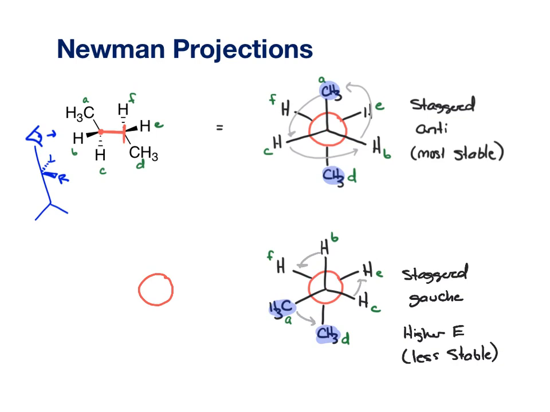But I'm going to leave the back exactly the same. I'm not going to worry about putting my letters in this time. The front carbon, again, really I should be drawing this right on top of here, but that's hard to see. So what we do instead is just skew it to the side slightly.